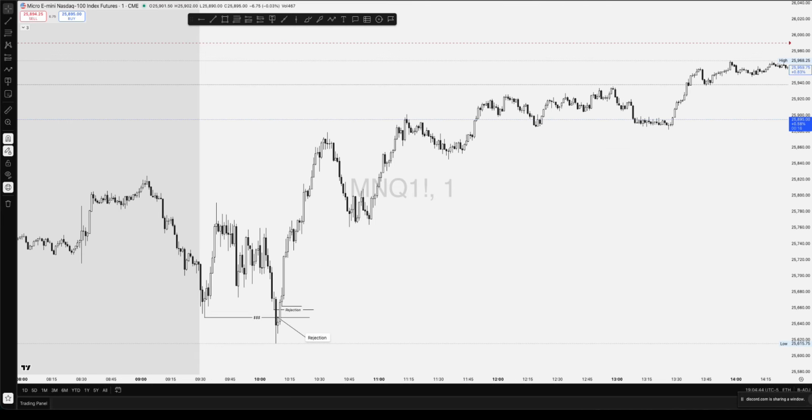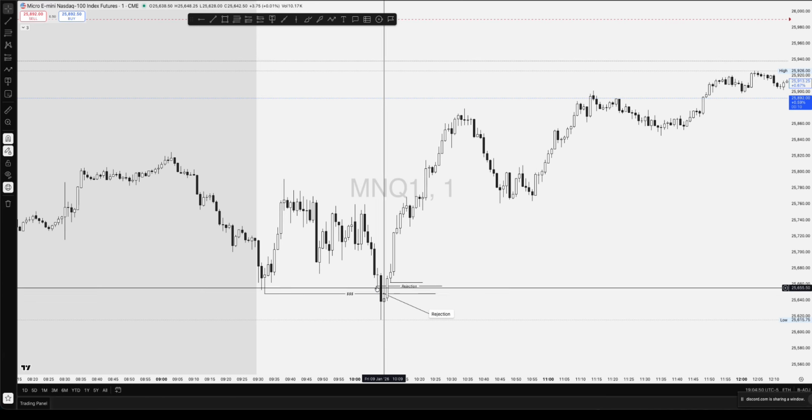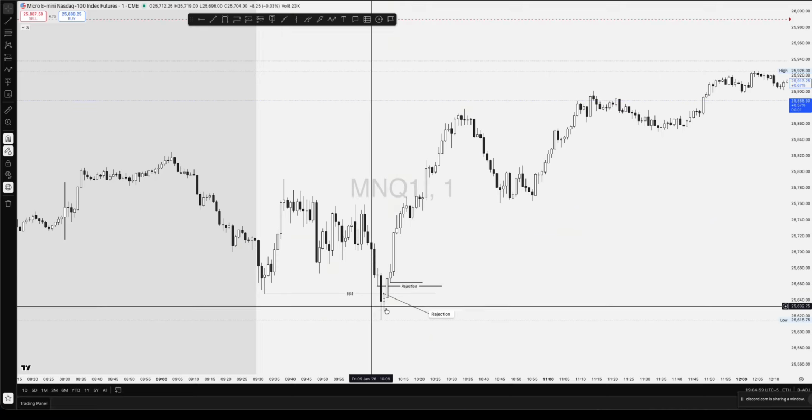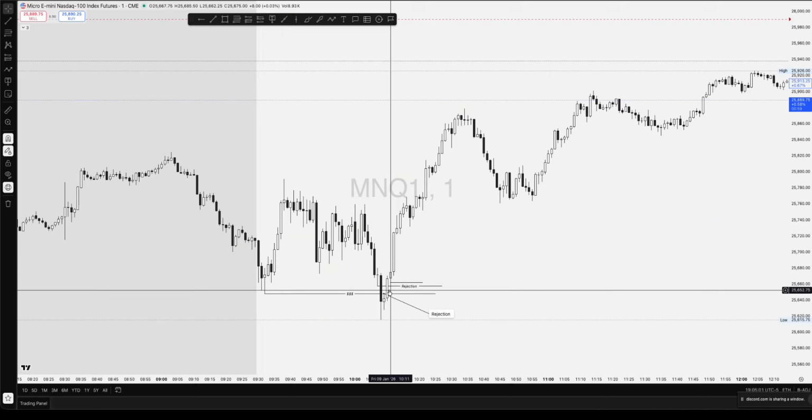So now if we go to the second rule, which is imbalance must form and hold. In this example, not only did we break the imbalance, create it and hold it, but we did not retest it. So this is a strength. If we do retest it, this gives a point to the bearish side that there is a possibility that bearish people are trying to bring it down.